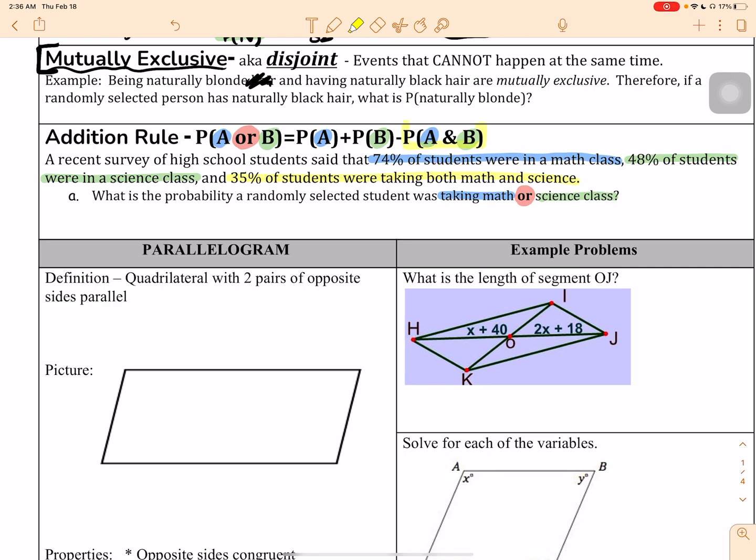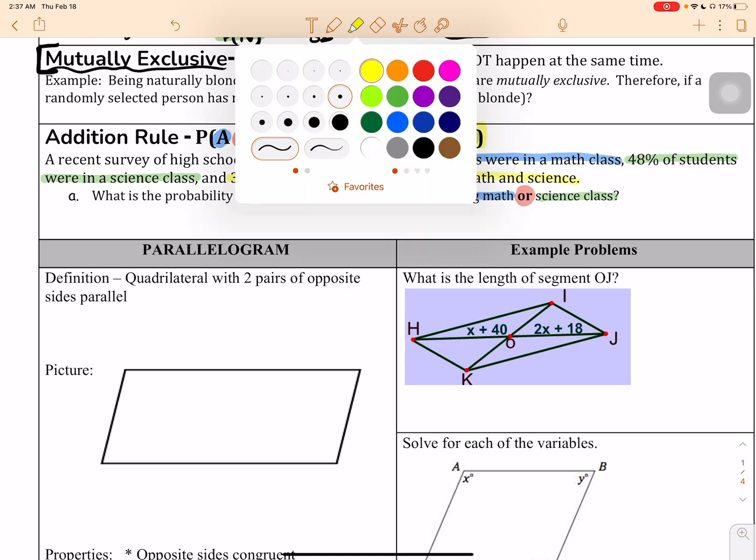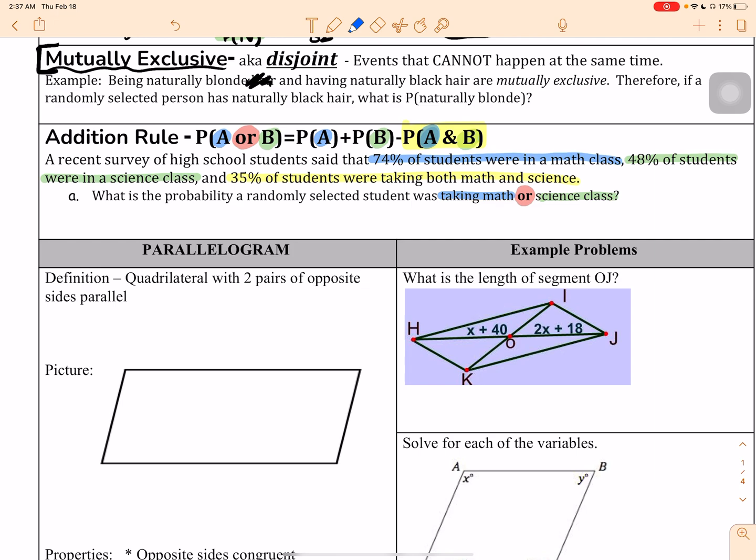So that's this here, the probability of A and B. That's what that is, okay? Let's see if my blue, there we go. The yellow kind of took them away.